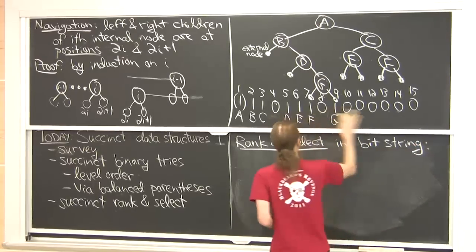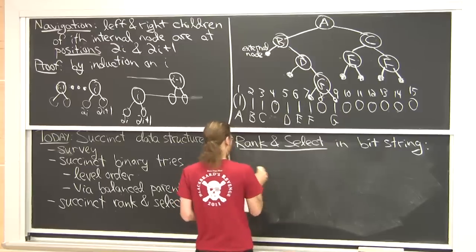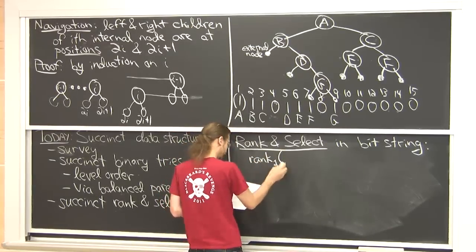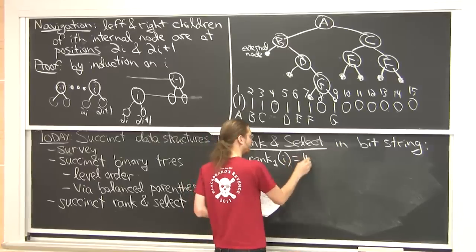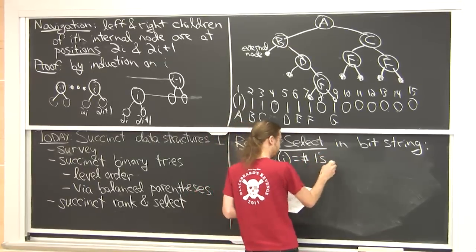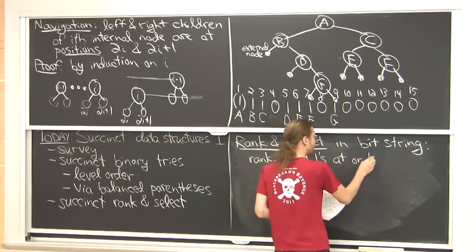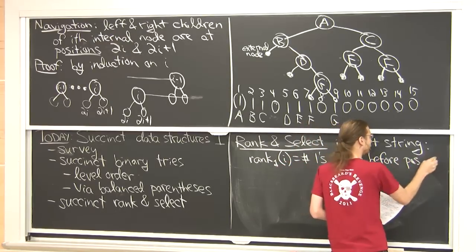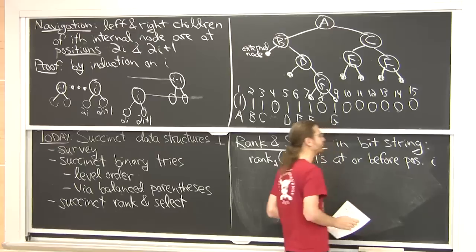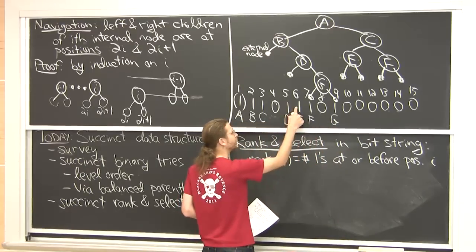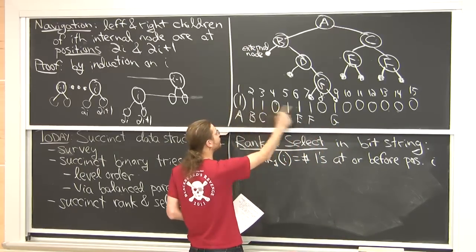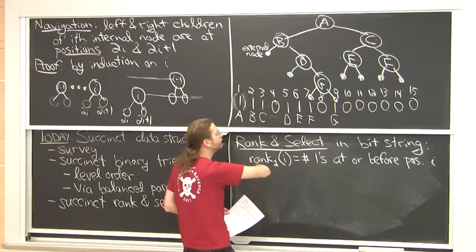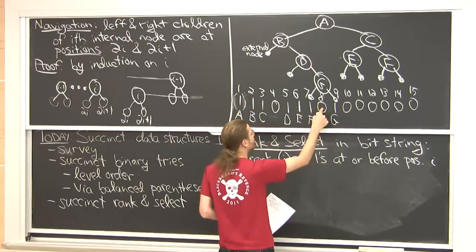So in general, if I have a string of n bits, I want to be able to compute the rank of a bit, which is the number of ones at or before position i. So I'm given a position like 6, and I want to know how many ones are there up to 6, which would be 5 in the full array here. Or I'm given a query like 8.